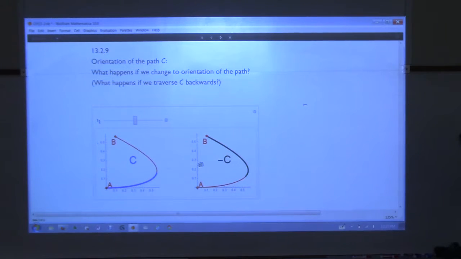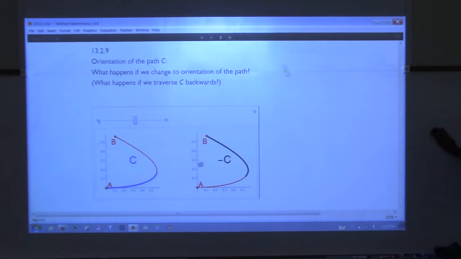What do you think? I think so. How about if we're doing a line integral with respect to arc length? Yeah, because in the formula it's the square root and all that. But if we go with respect to x or y, it might change it.